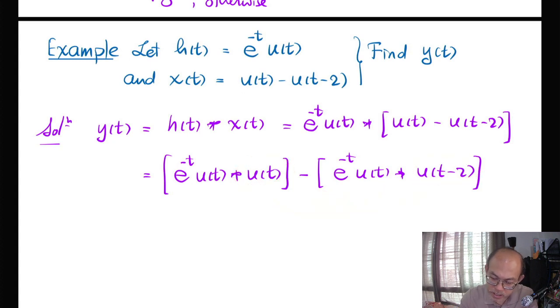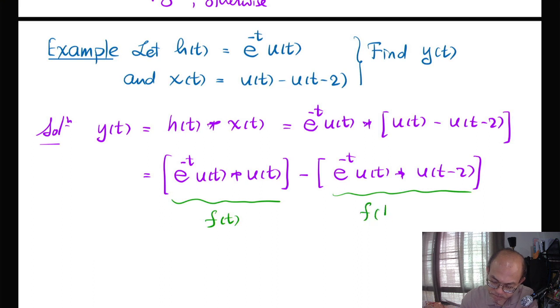So if our strategy is to find this one and denote it by f of t, then this term will be simply shifting f of t by the same 2 time units using the time shift property.